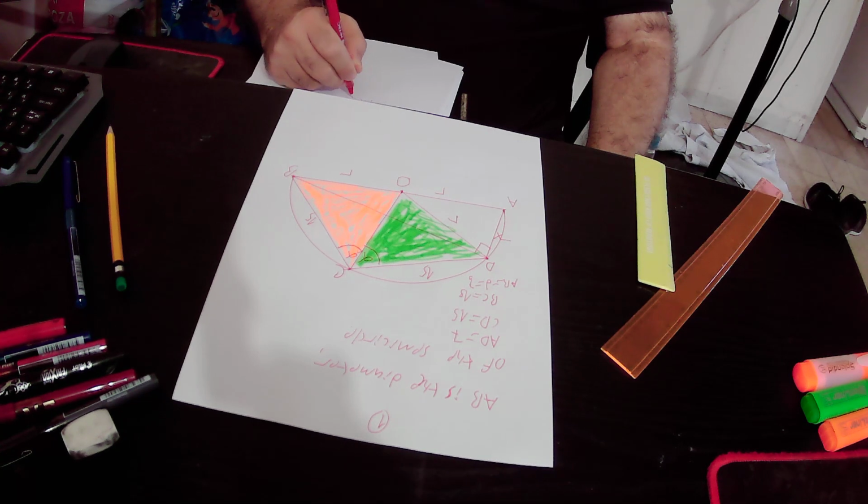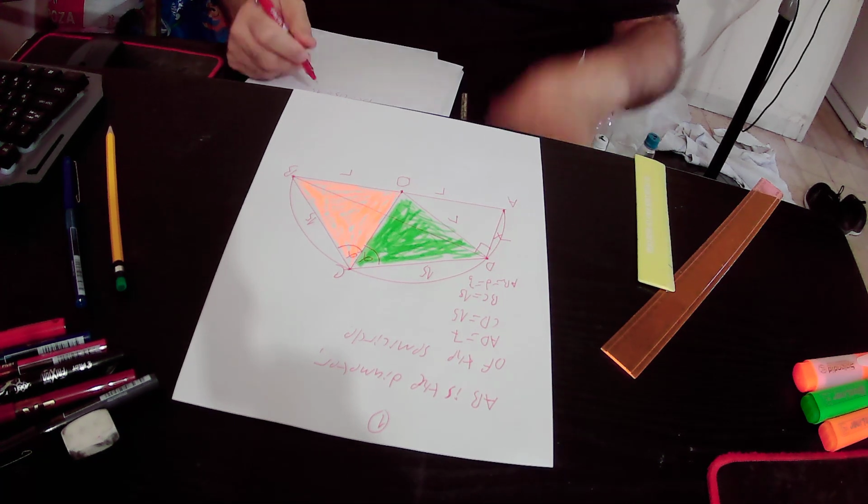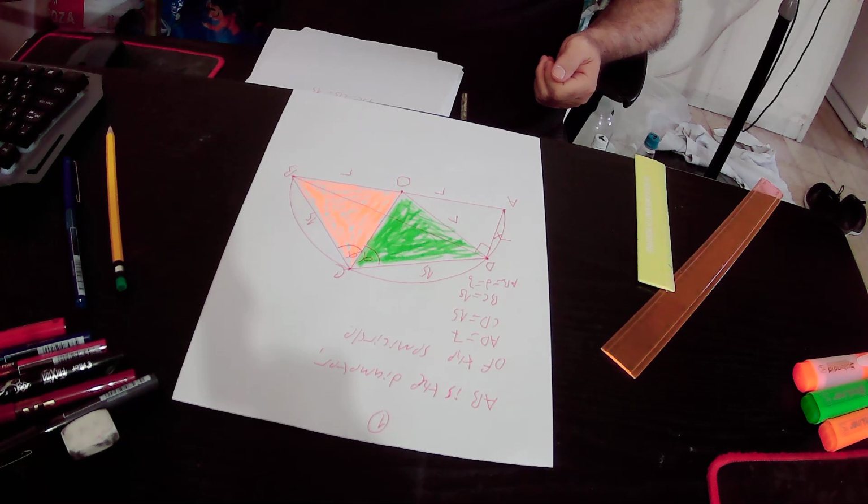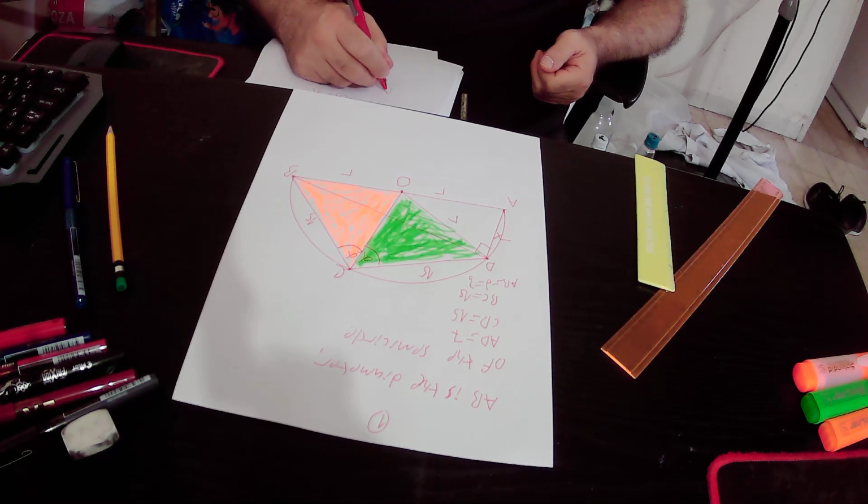DC equals CB. Both those two sides are equal to 15 units. It is given in the question. Therefore, we have rule number 2.